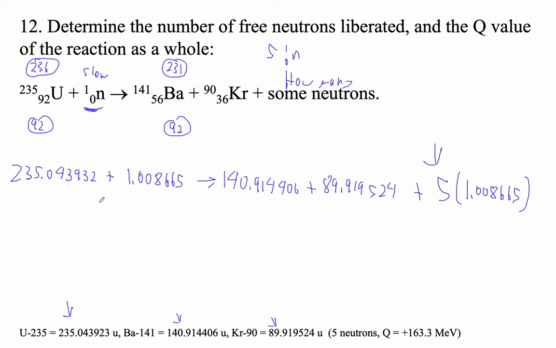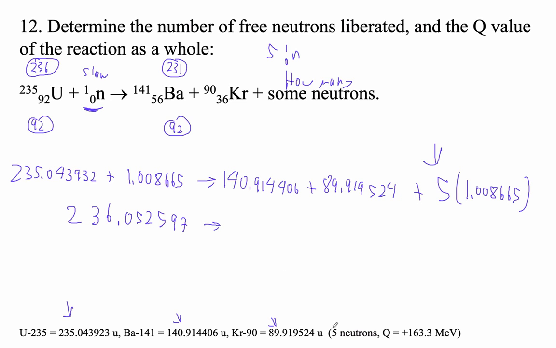All right, so let's look at the left side mass of this. So 235.043932 plus 1.008665, and this is 236.052597, and we're going to compare that to the right side mass of 140.914406 plus 89.919524 plus 5 neutrons, 5 times 1.008665.